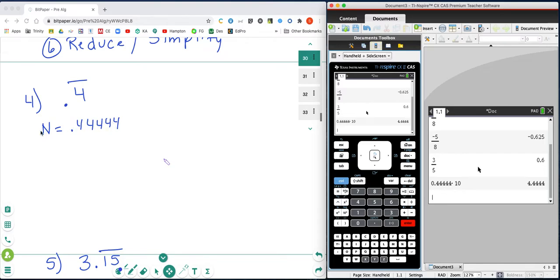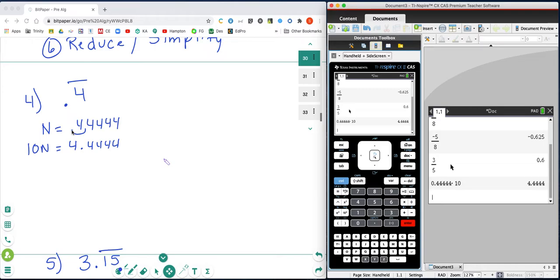So I'm going to do 10n is equal to 4 decimal 4444. I got that over here by multiplying with the calculator, but I can also just simply move the decimal 1 place to the right because that's what multiplying by 10 does.